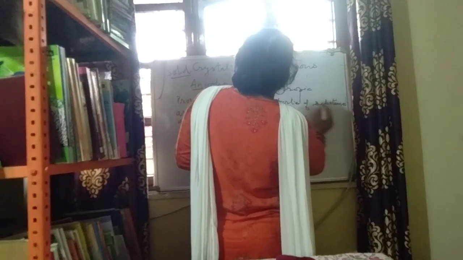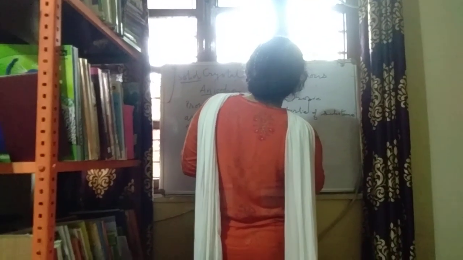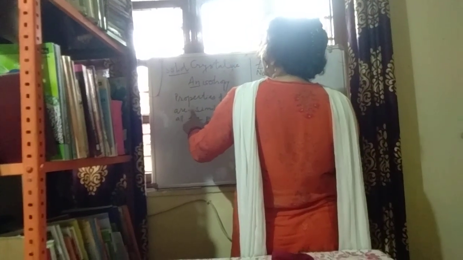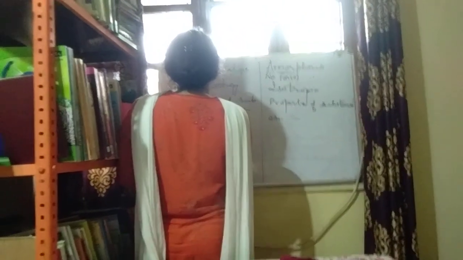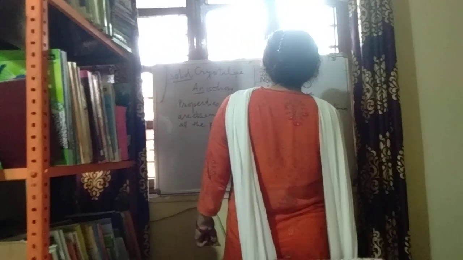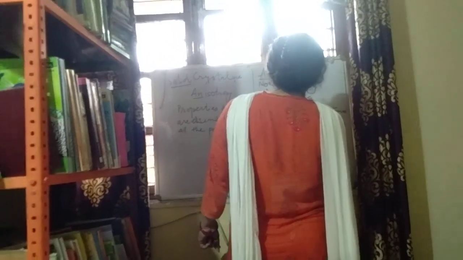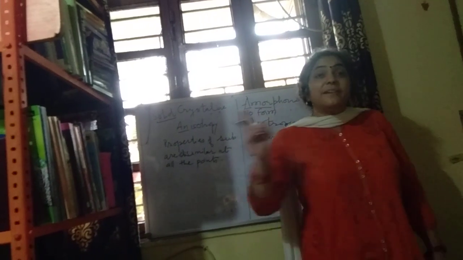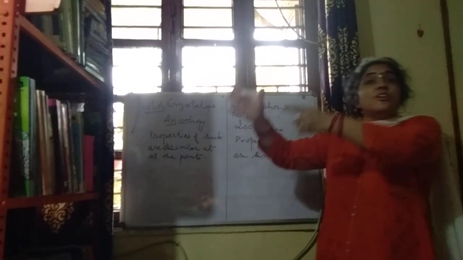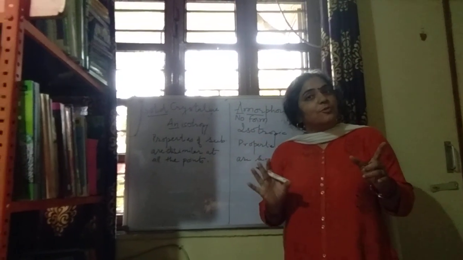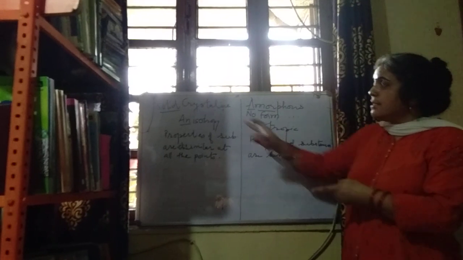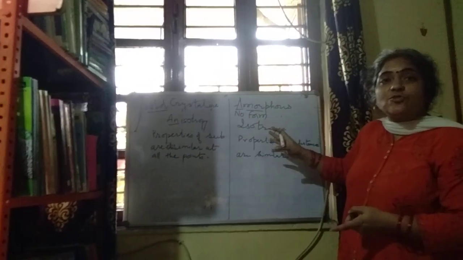Here properties of substance are similar, or you may write here, dissimilar. Dissimilar. Okay. This is the second basic difference. The first basic difference was long order and short order arrangement of molecules, between crystalline and amorphous. Second difference, anisotropy and isotropy.